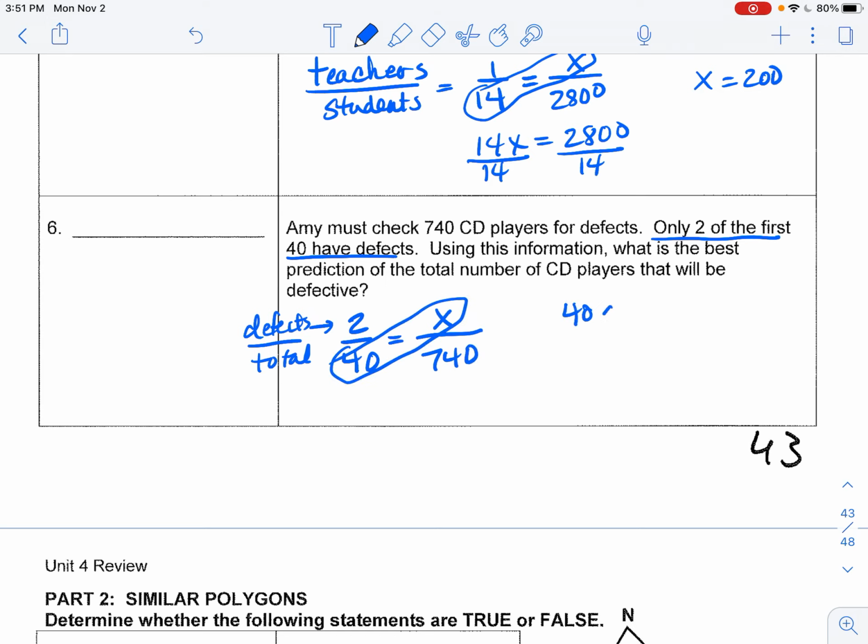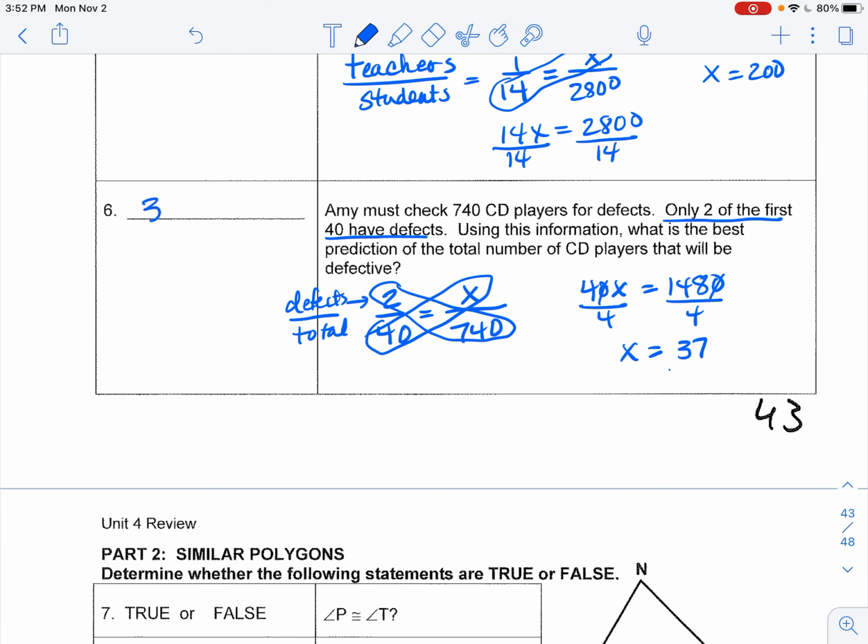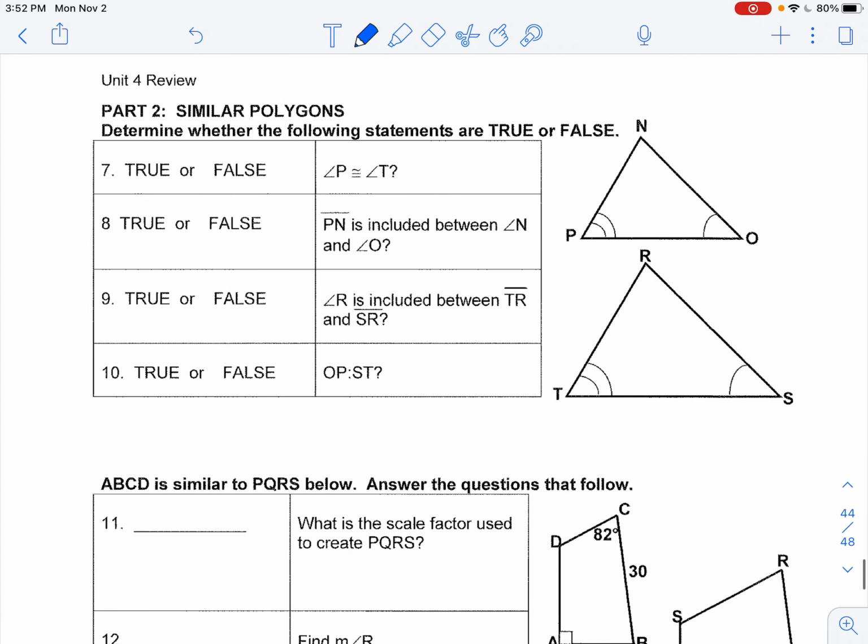Cross multiply and divide, so 40x is equal to 2 times 740, and that's 1480. I'm going to cancel a 0 on both sides and just divide by 4. And 148 divided by 4 is 37. So we have 37 defective CDs, approximately.